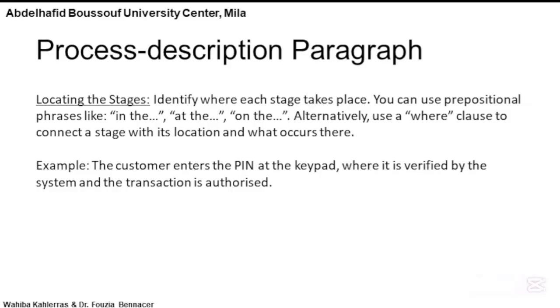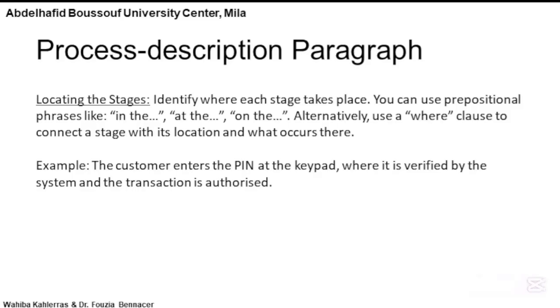Then locate the action. Integrate details about the location and equipment required. You can use place prepositions like on the workbench, inside the chamber, beneath the microscope. So locate your process.